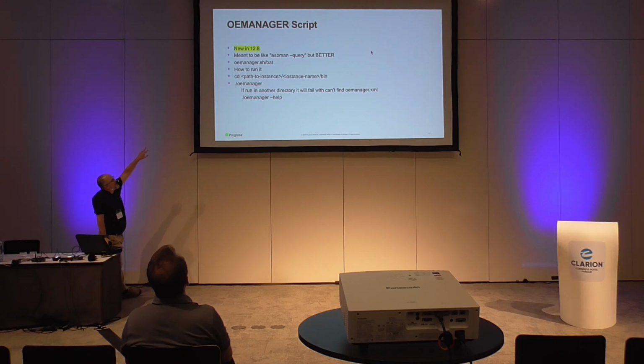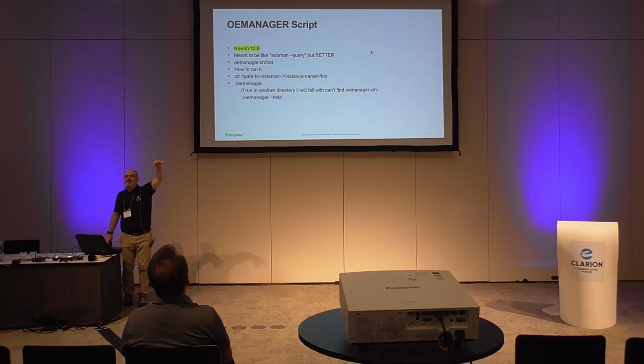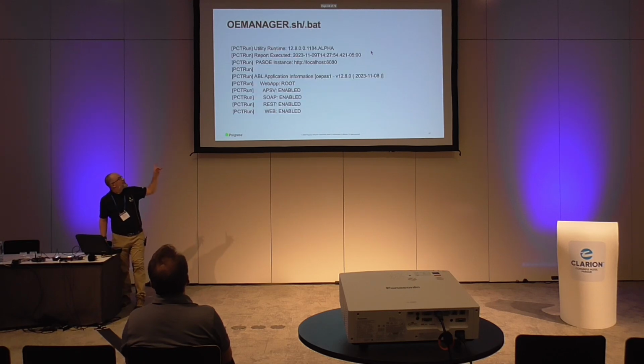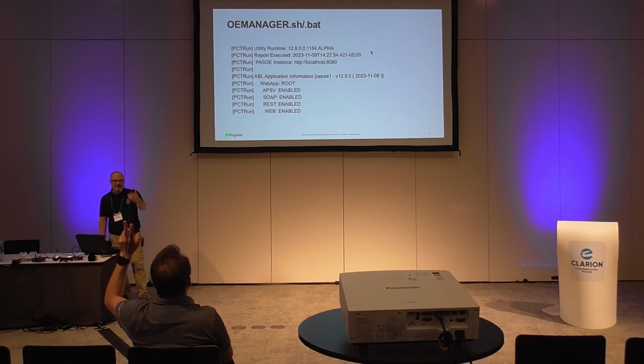But it's all here inside of 12.8, and it's meant to be that replacement. What we hear a lot from customers is, I really, really miss ASBman query. Okay, OE Manager, the script that's in your instance. As you can see here, anybody recognize this leftmost column? PCT run? Who knows PCT? Right? Gilles.